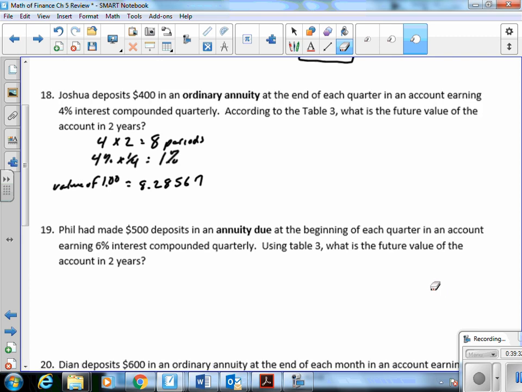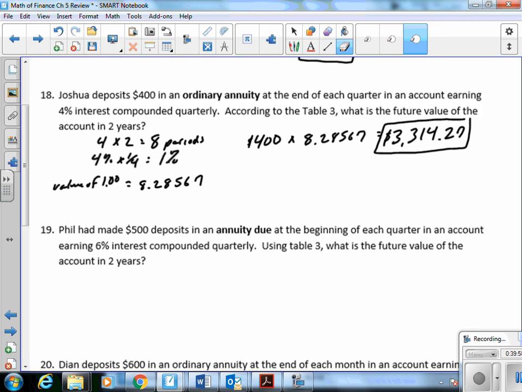Then from there, take the $400 that he's putting in every quarter, times 8.28567, and we end up with $3,314.27. And that's the future value in 2 years.